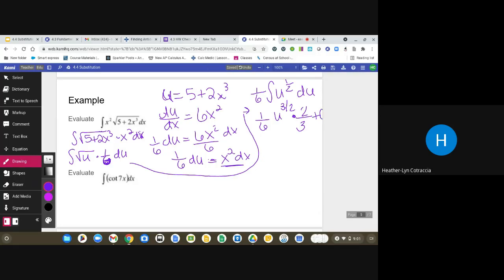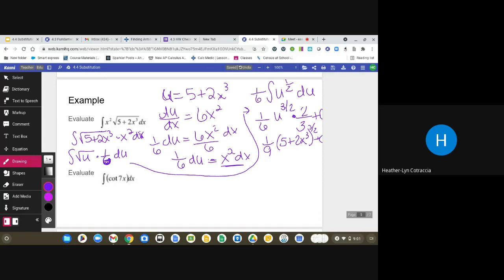Cleaning that up a little bit, we get 1/9? Instead of a u, I have 5 plus 2x to the third, to the 3/2 plus c. And that's your answer.